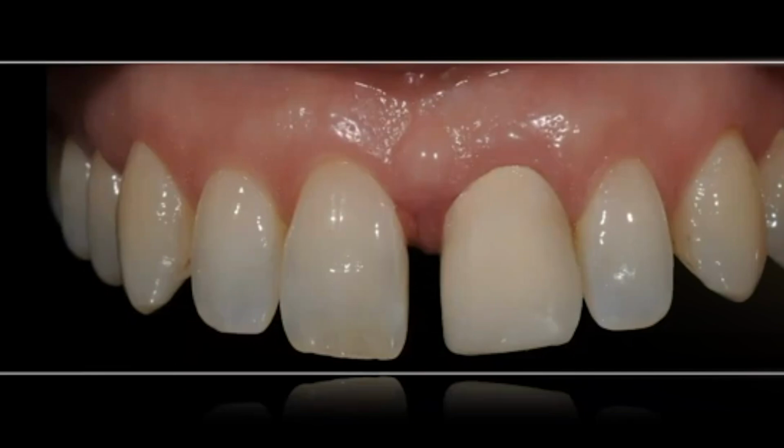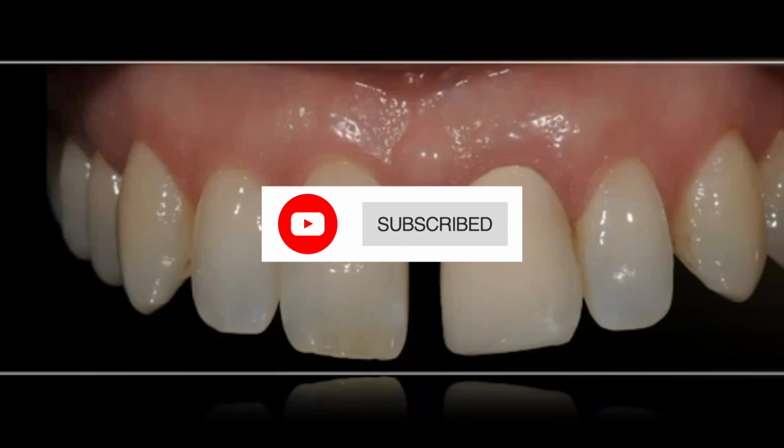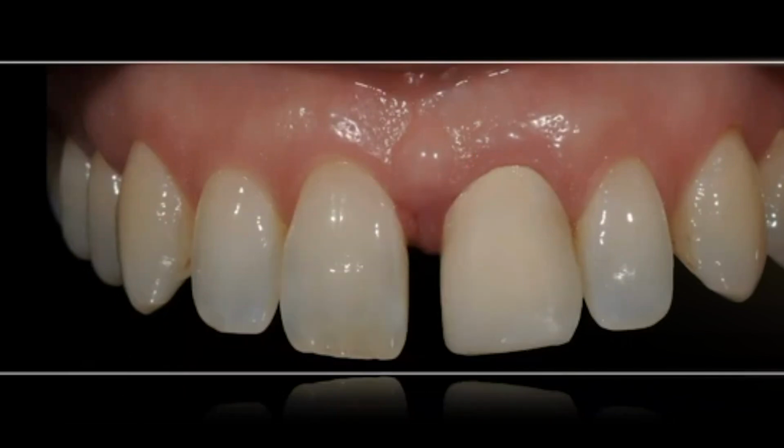The problem is that on the central incisors, we have 3 materials: natural tooth, ceramic, and composite. This is actually a patchwork because we have three materials that react to light in a different way, three materials that react to stain and liquid absorption in a different way.